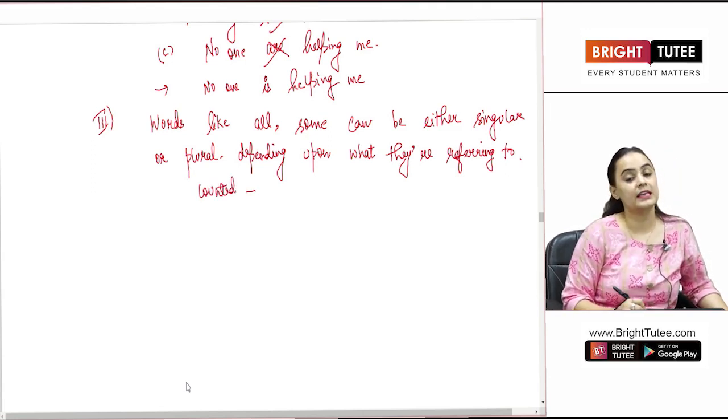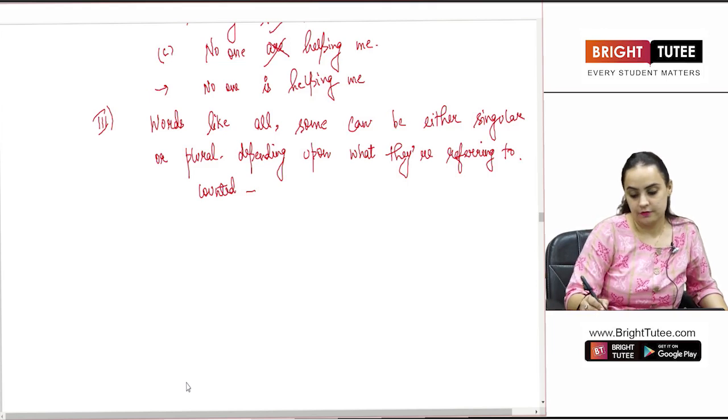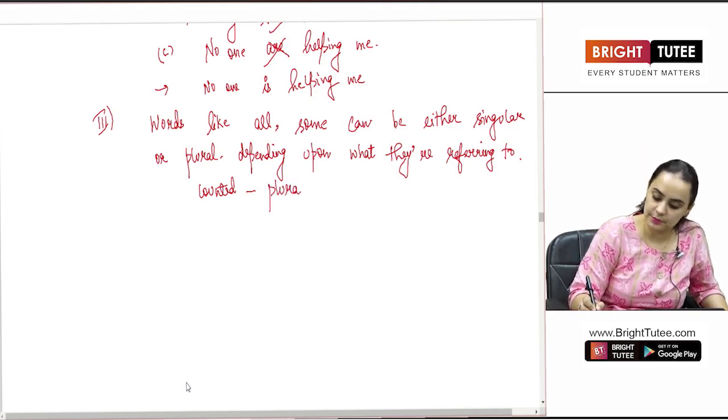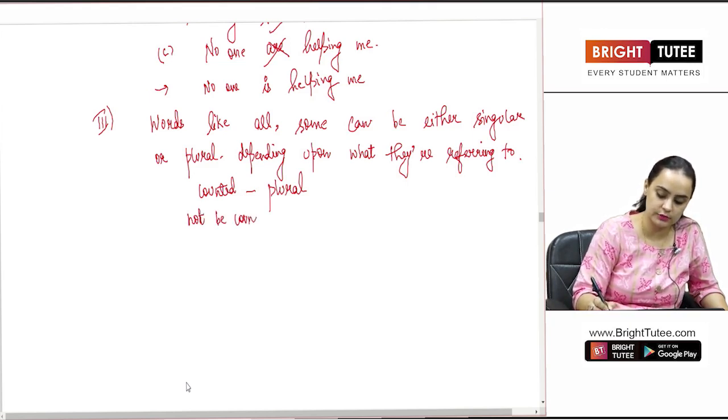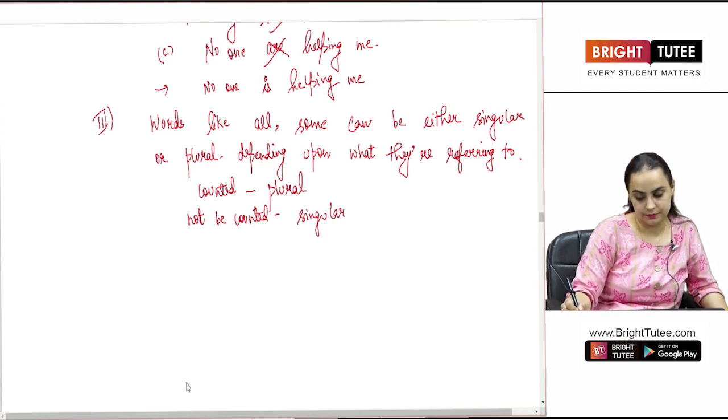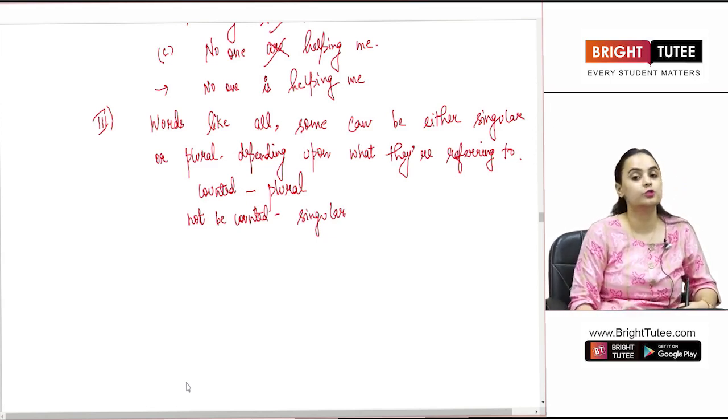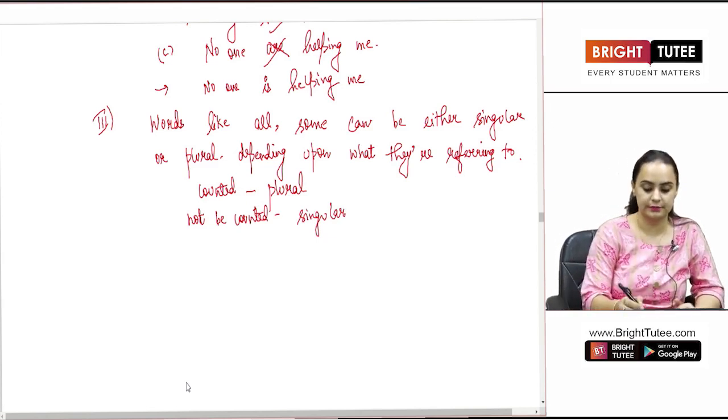When something can be counted, we use plural with them, and something which cannot be counted, uncountable nouns, we use the singular verb with them. Now, let me explain this to you with the help of the examples.